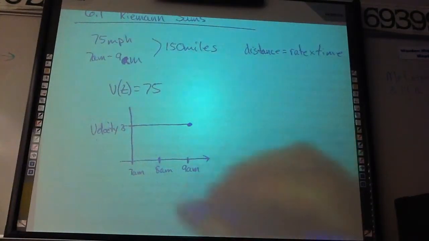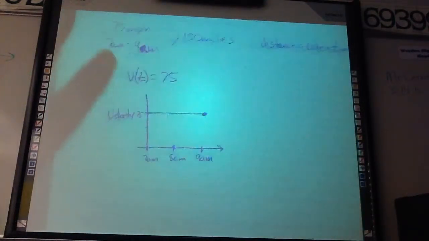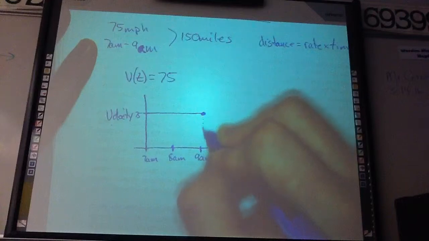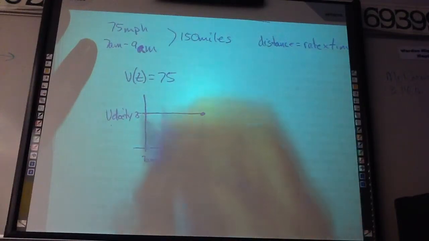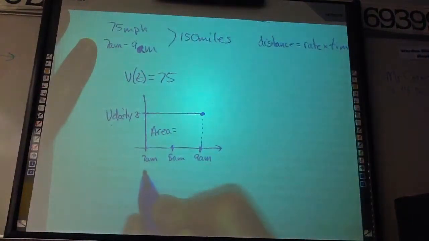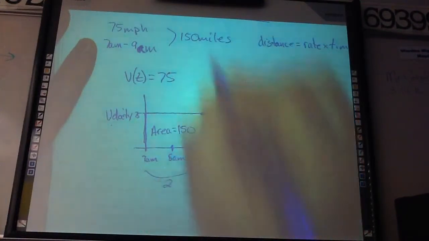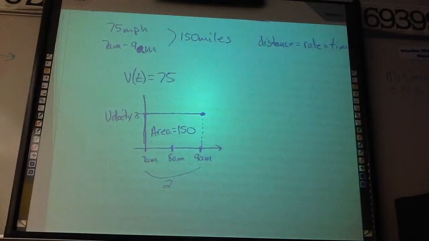But just looking at this graph, notice if I make a rectangle here, what would the area of this rectangle be? How long is this side? 75. This side is 2. What's the area of that rectangle? 150. That's no accident.